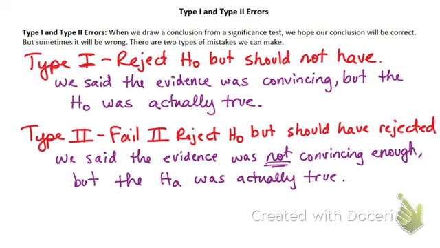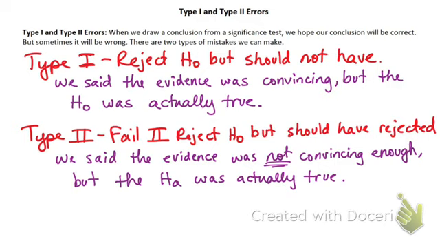Cool. All right. Let's look at some examples. Oh, actually, no. Here's a really cool little chart. In actuality, either the null hypothesis is true or the alternative is true. Again, the person sitting in the courtroom is either innocent or guilty, okay?